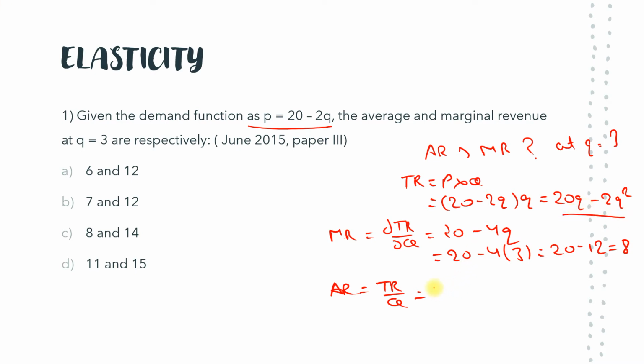Divide this equation by Q and you have average revenue. So put 3 in this equation. So you will find AR is 14.